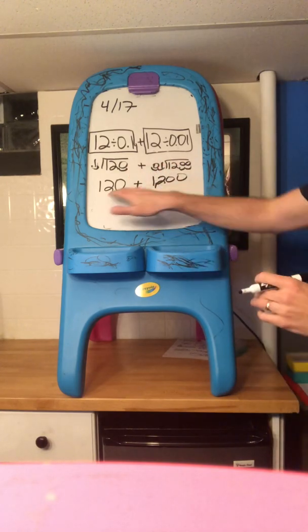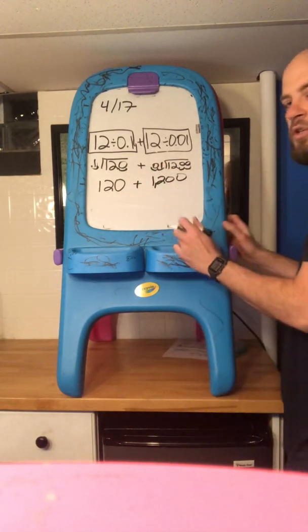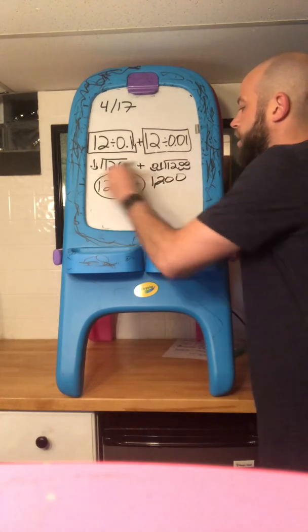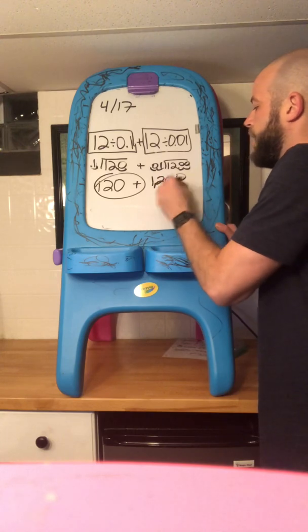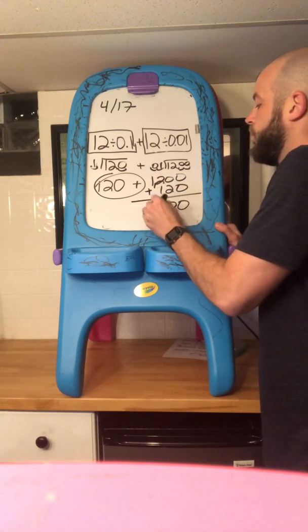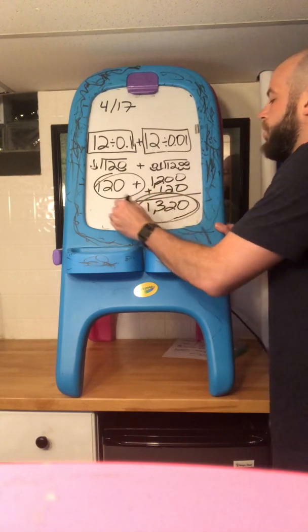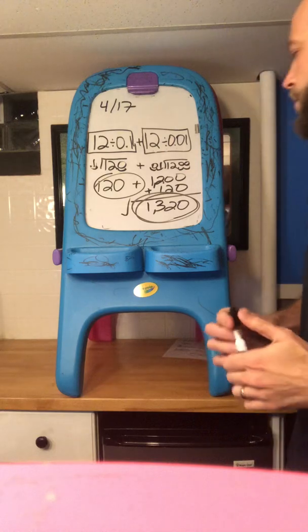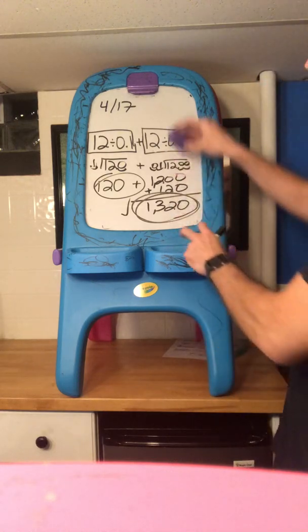Now you're left with just adding those together. So 1,200 plus 120, which is 1,320. So that's your final answer, 1,320.